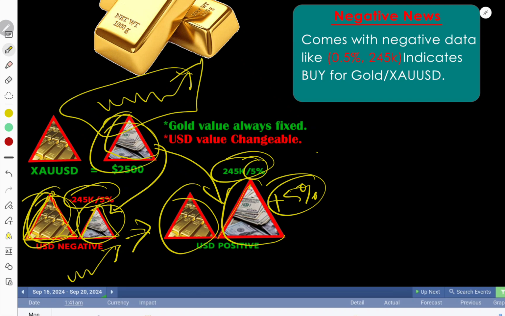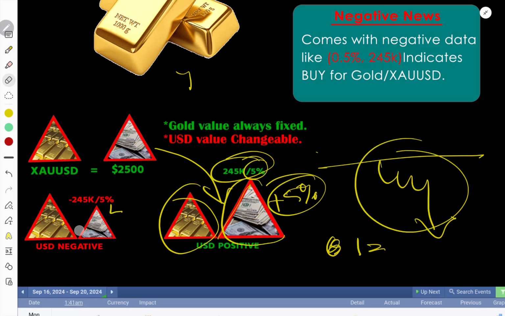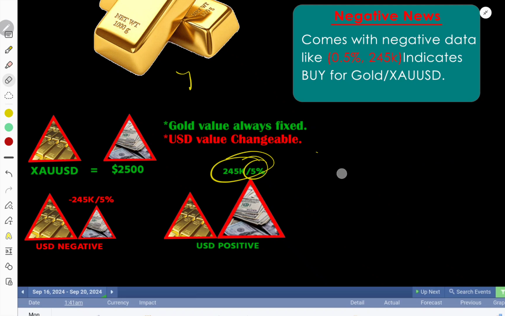If USD price goes higher, one gold is always constant, so the gold price will decrease automatically, that means sell for gold. This is the basic theory. Hopefully you understand all the concerns about news sentiment and how news works.